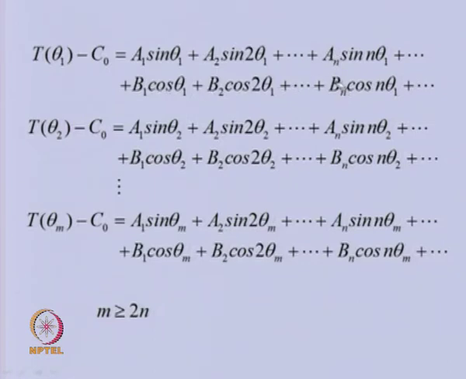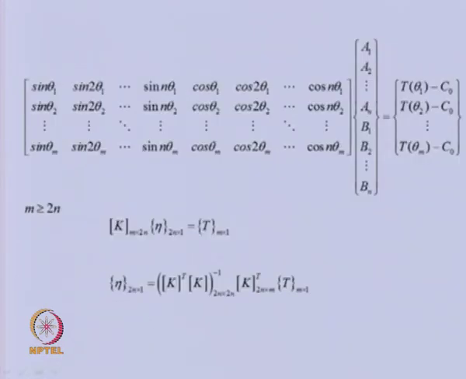So, 2n terms are there. So, the total number of equations, that means the total number of information of the T at various theta, should be equal to 2n or more than 2n, then we can get these constants. So, all those previous equations I have rearranged in a matrix form.